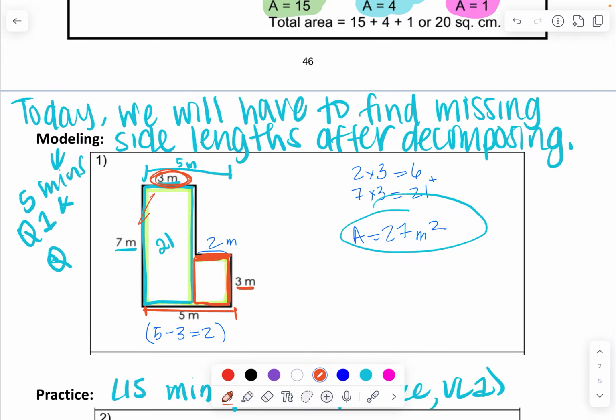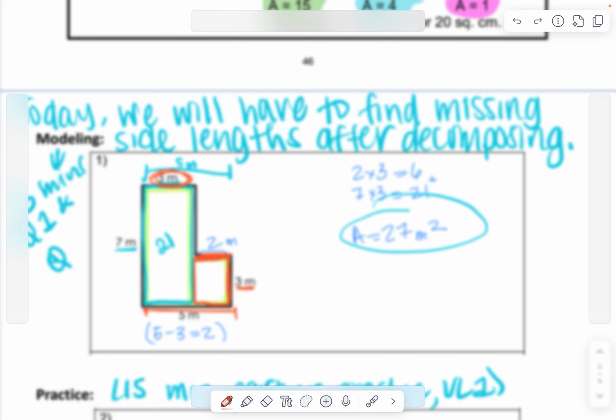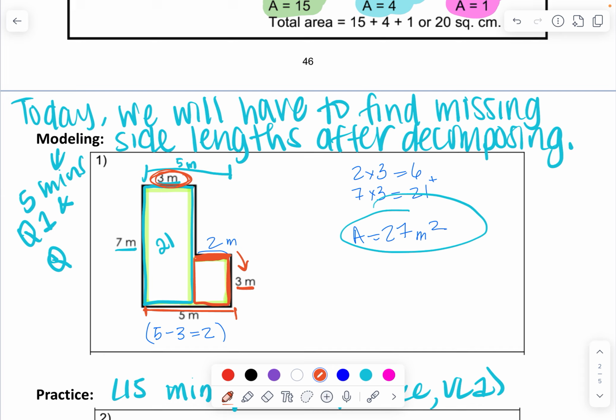So imagine I took away 3 meters from that total, I would be left with 2 meters. Right? Because 3 plus 2 gives me 5. And so for our orange shape, we are going to multiply 3 times 2, which gives us 6. Adding that together, 21 plus 6 will give us 27 meters squared.